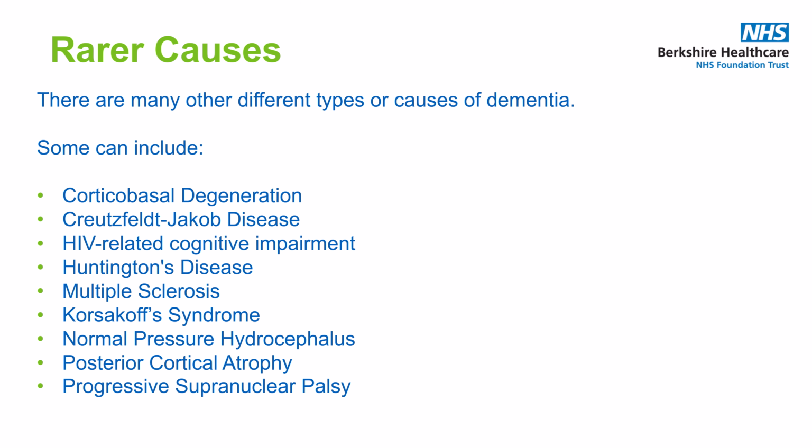Posterior cortical atrophy is often caused by the changes that we see in Alzheimer's, but most of the symptoms are due to the cell loss in the back of the brain. And there's something called progressive supranuclear palsy, which has an overlap with Parkinson's disease and frontotemporal dementia.